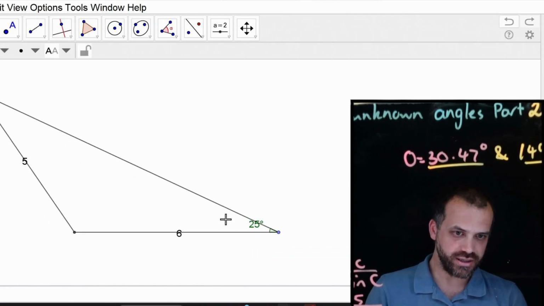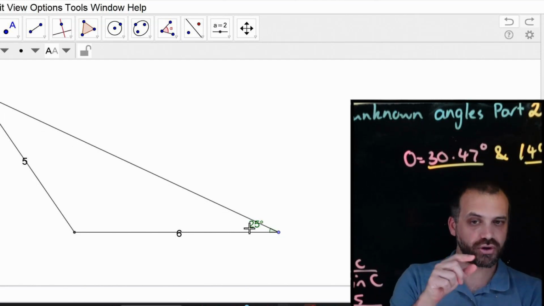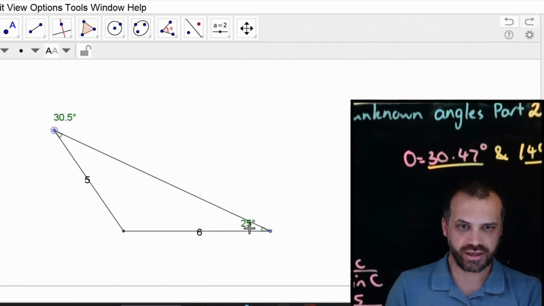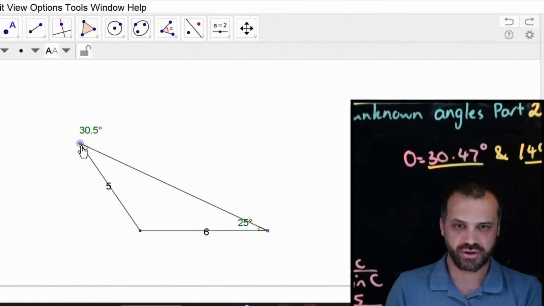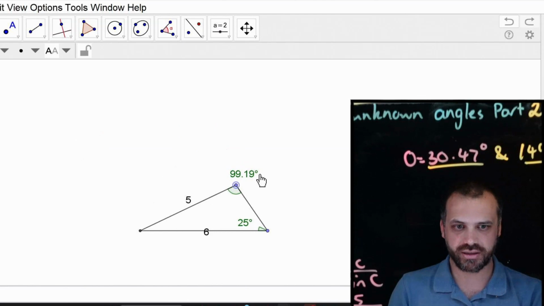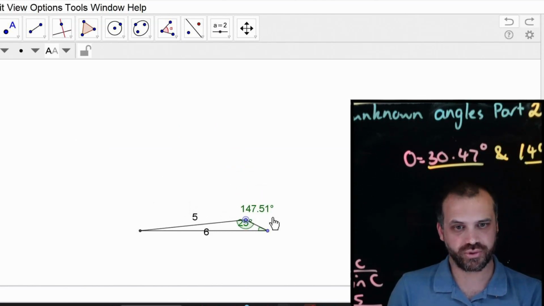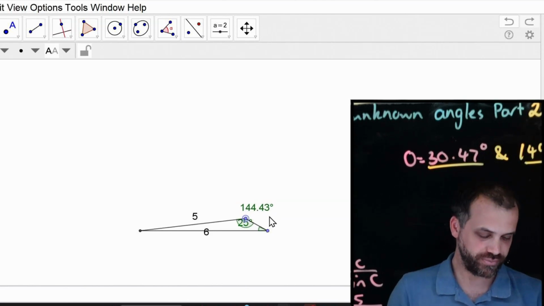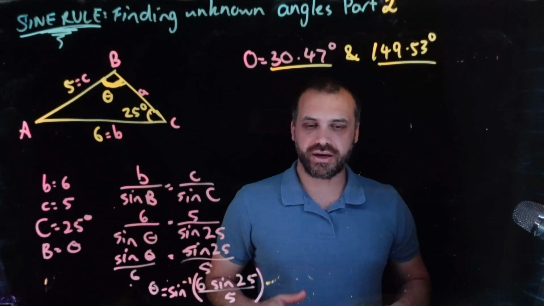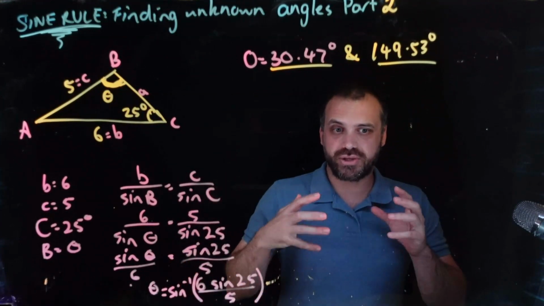You can see we've got that 25-degree angle again, right? So we've got a 25-degree angle with two different triangles. One triangle where this angle is 30.47 and one where that angle is 149.53. Very cool.